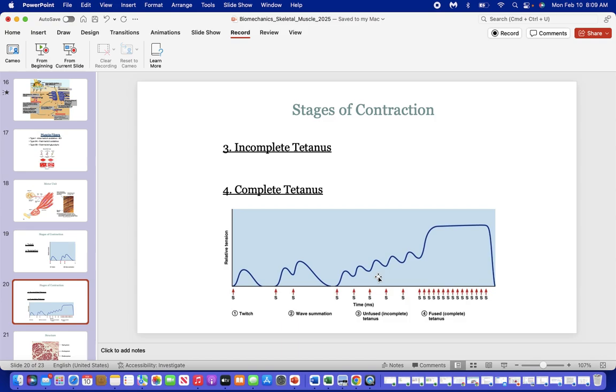If the frequency of the motor neuron signaling increases summation, subsequent muscle tension in the motor unit continues to rise until it reaches a peak point. The tension at this point is about 3 to 4 times greater than the tension of a single twitch. This is incomplete tetanus. Complete tetanus is when the relaxation phase completely disappears.